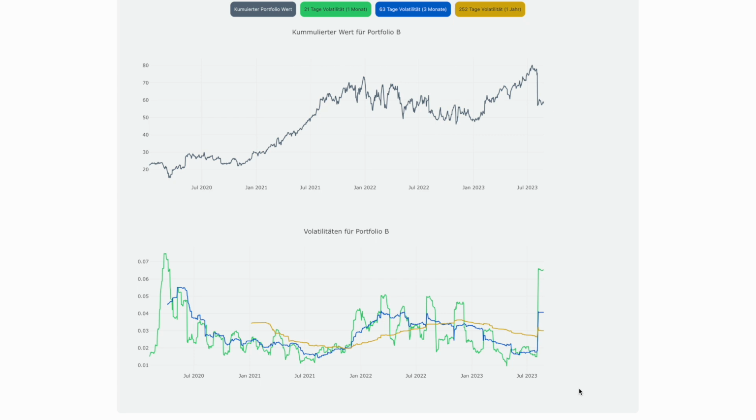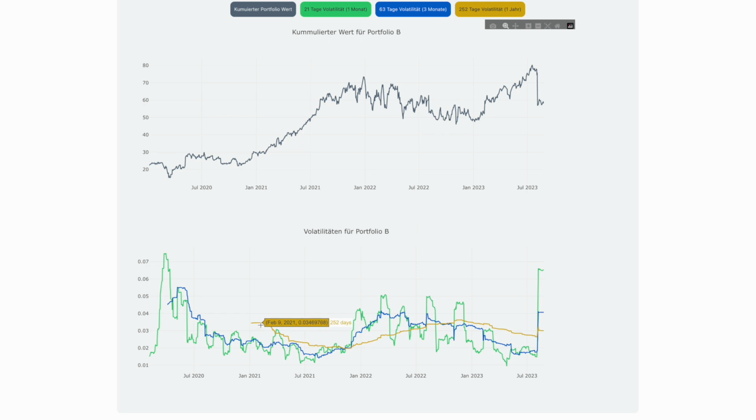And we have 3 types of different volatilities. So first of all, we have the green line, which is the short-term volatility or the 21 days volatility. 21 days because on average we have 21 trading days in a month. So this is actually also the monthly volatility. Then second, we have the blue line, which is the 3-month volatility, or also 63 days volatility, which is 63 days because on average we trade 63 days in 3 months and therefore the 3 months volatility.